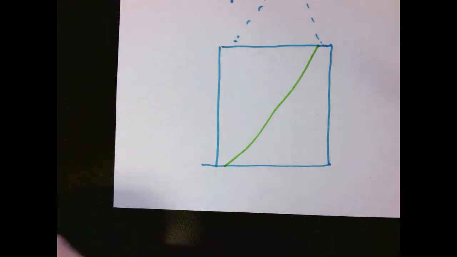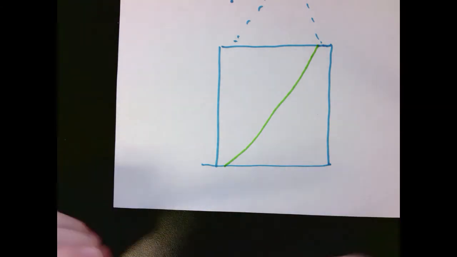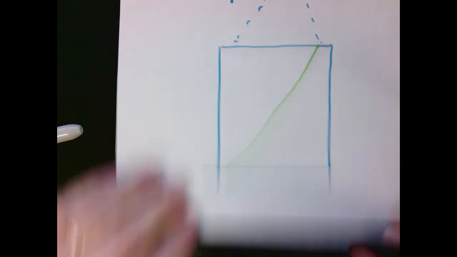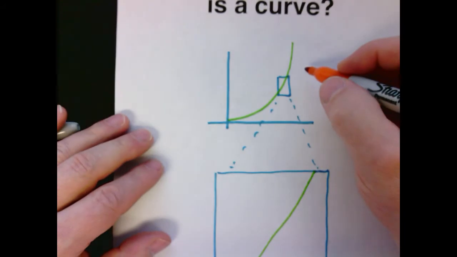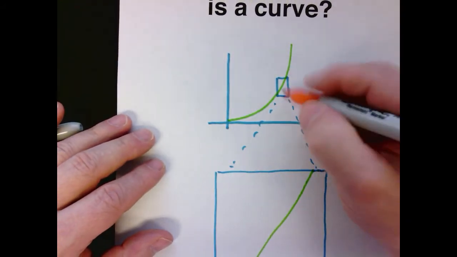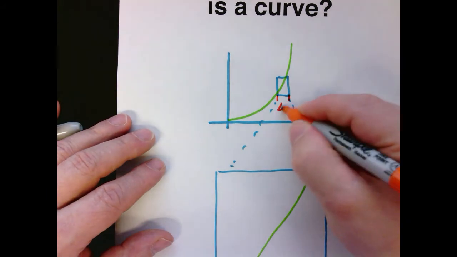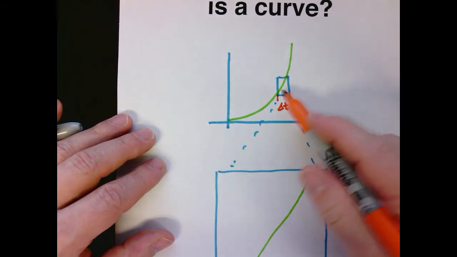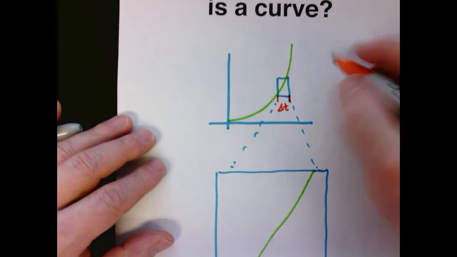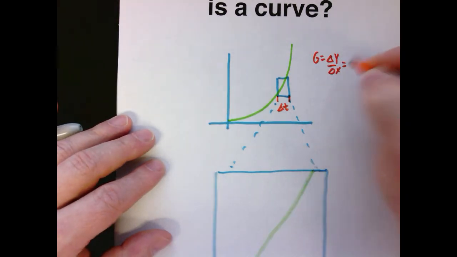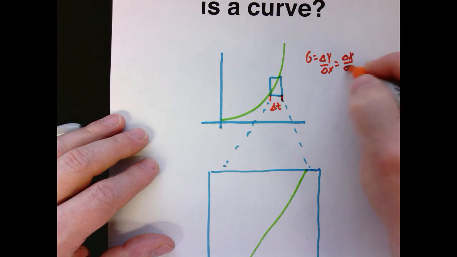So we imagine looking at the curve blown up to a large degree. What we can see now is that if we take this orange interval here, this is delta t, the amount of time. Now, remember, our gradient is delta y over delta x, which is delta x over delta t.